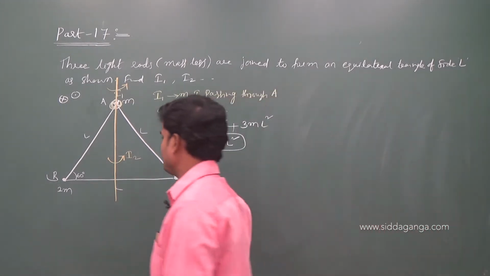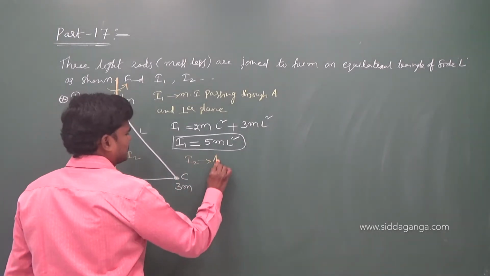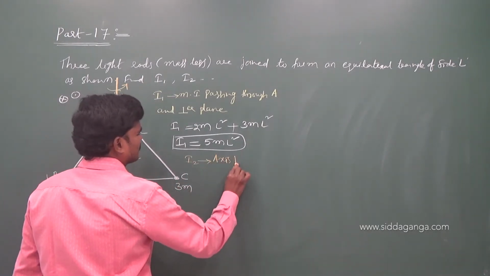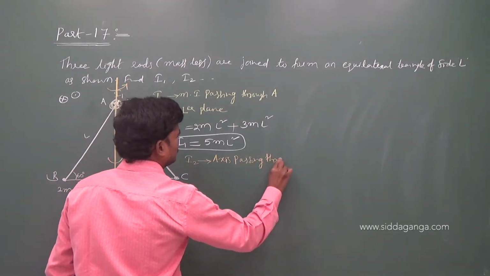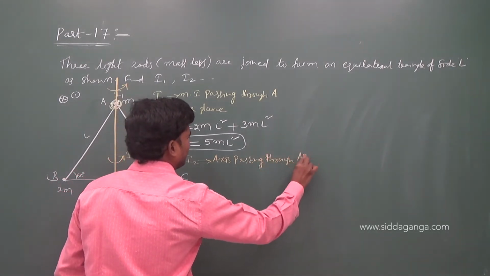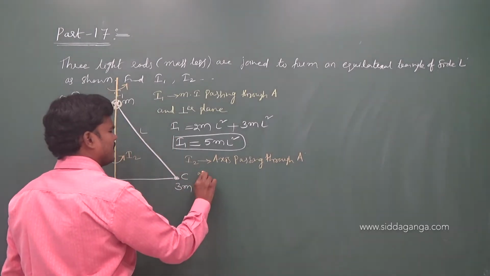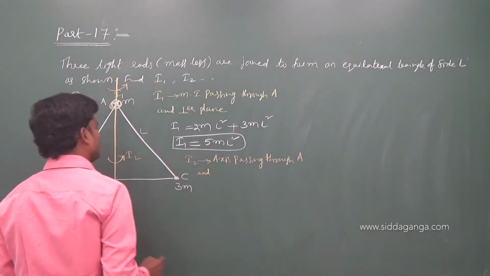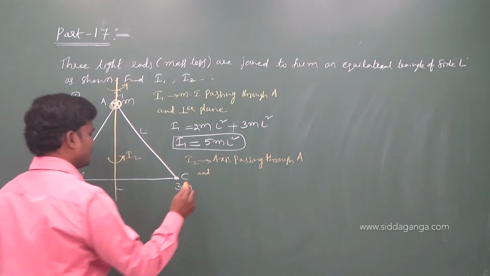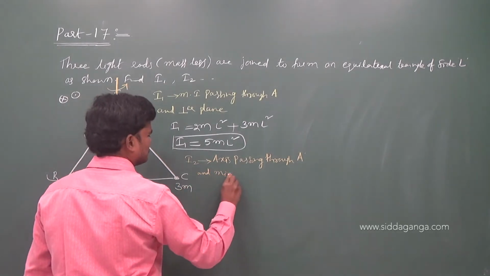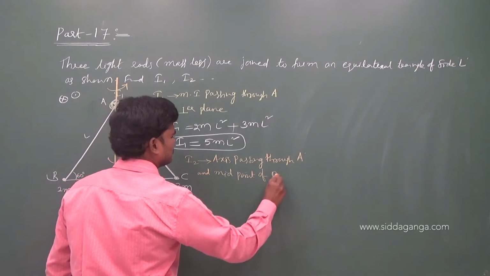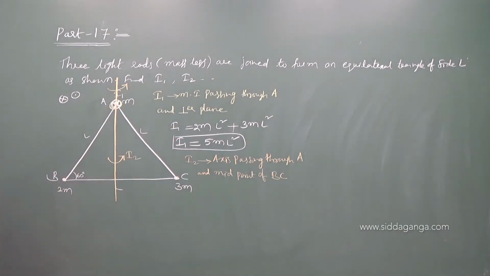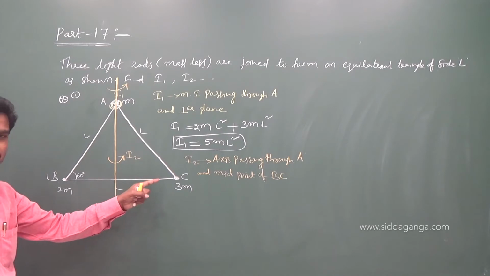So let me write the name clearly. Axis passing through A and the midpoint of BC. Got it? Midpoint of BC, parallel to the plane.